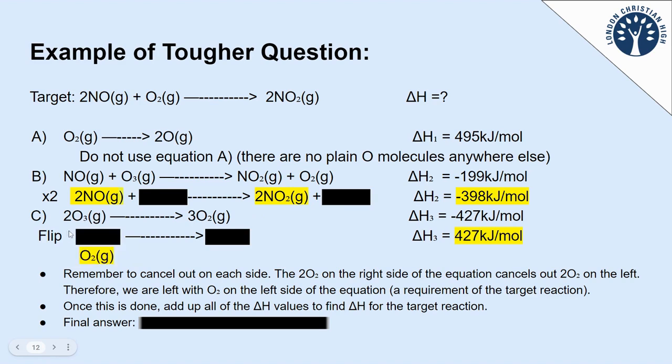Therefore, we will be left with 1O2 gas on the left, as is required for the target reaction. We'll complete the rest of the question as we normally would, and we should get a final answer of 29 kilojoules per mole.